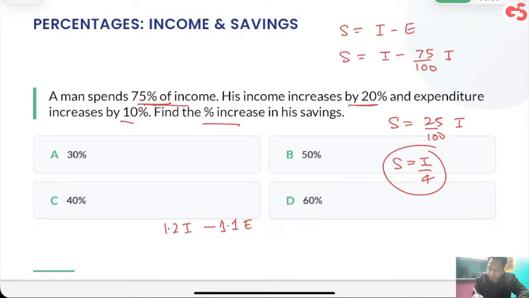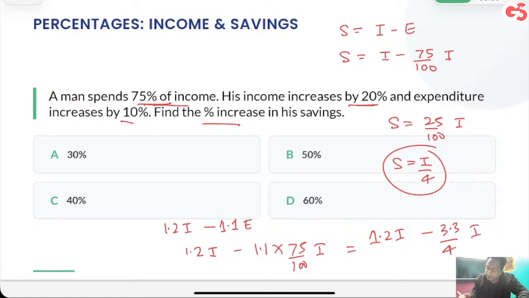So I can just write here 1.2 I minus 1.1 into 75% of I. That is what expenditure is. Cool. So let's solve this now. So 1.2 I minus, solve this, this is 1.1 into 3 by 4. So 3.3 upon 4 times I is what we get.